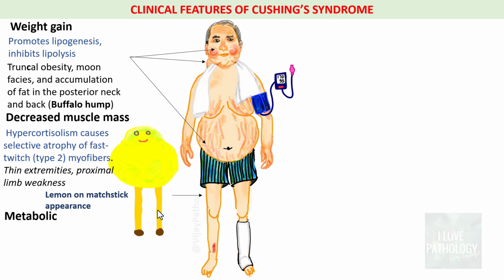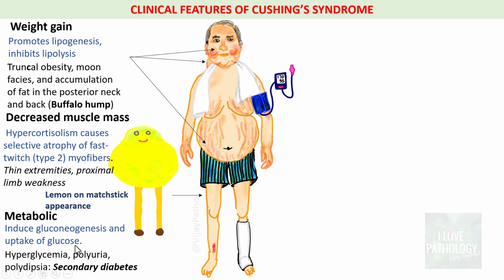The third one is metabolic features, where the reasons for the metabolic manifestations are these corticosteroids, glucocorticoids. You know that they induce gluconeogenesis and increase the uptake of glucose, and that's the reason why these patients manifest with hyperglycemia, polyuria, and polydipsia.